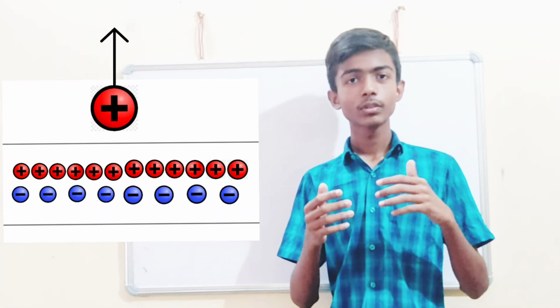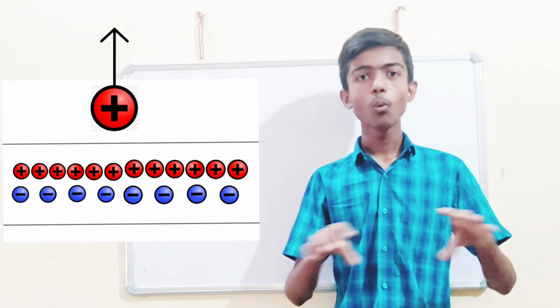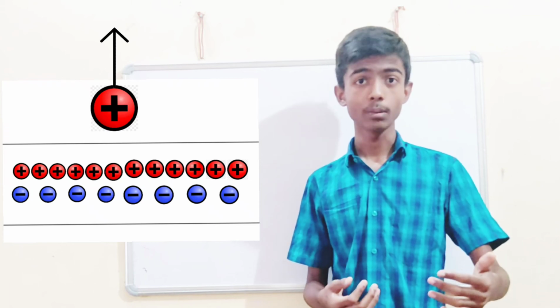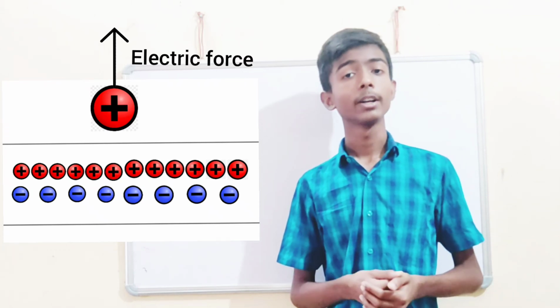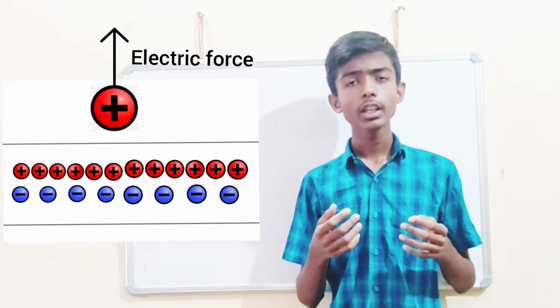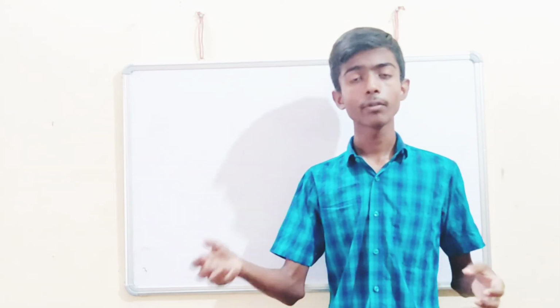So in the frame of reference of that positive charge, we can say that the wire is positively charged, and a positive charge repels another positive charge. We know it, and this is due to an electric force. So in our perspective, it was a magnetic force that made the positive charge repel from the wire, but in the frame of reference of that positive charge, it was the electric force.